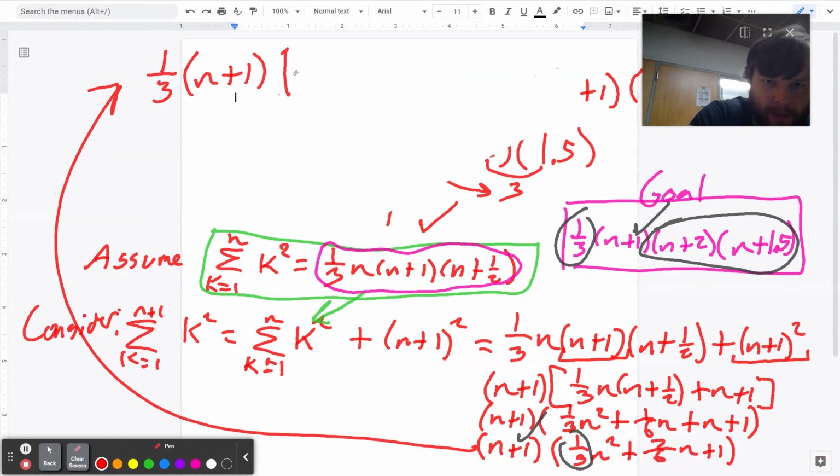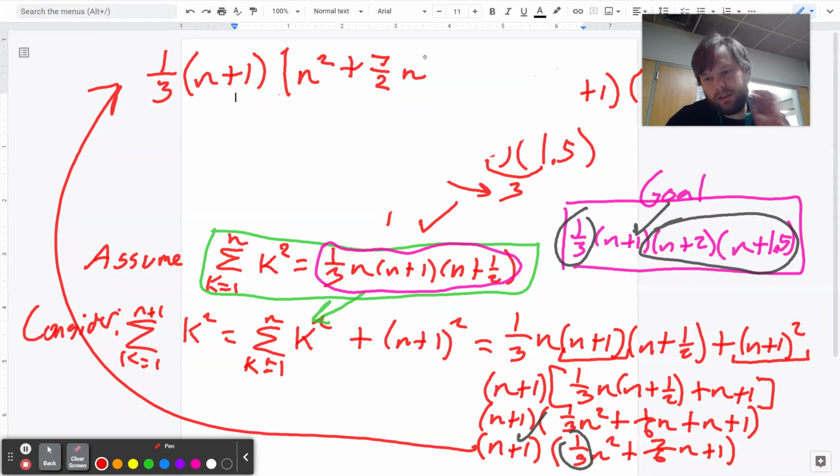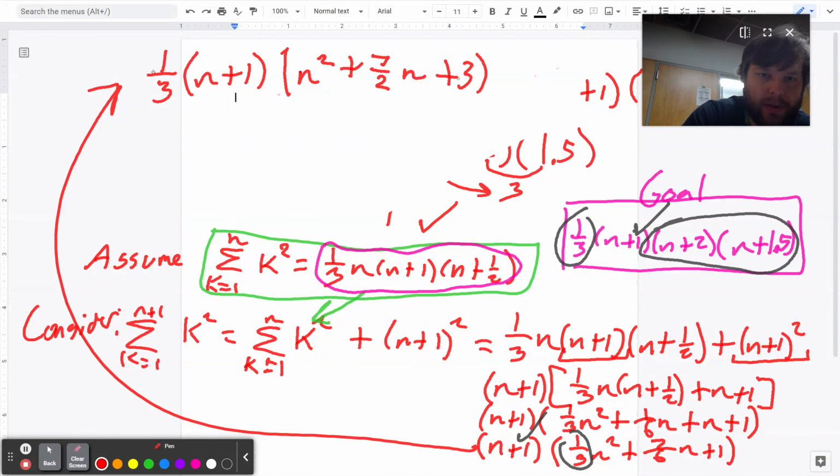So that becomes just a regular n squared. Now, if I take 7/6 and divide it by 1/3, I get 7/2 n. And if I take 1 and divide it by 1/3, then I get 3. Just think about distributing that 1/3 back in, and you should see how I got that.